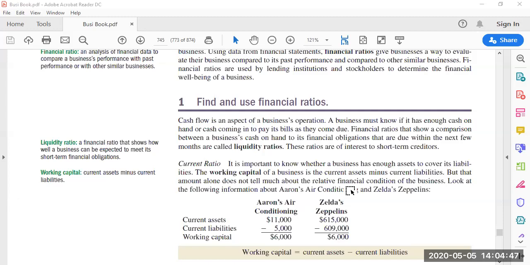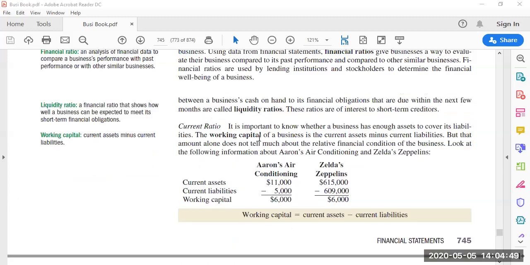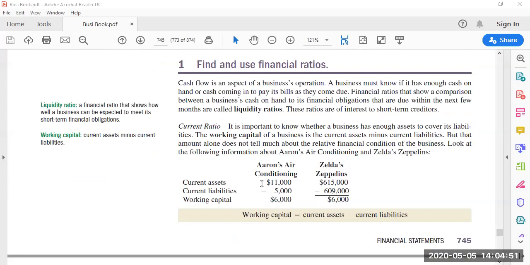Now, in this case here, we have an example with Aaron's Air Conditioning Company and Zelda Zeppelins. What we're looking at is two different companies: current assets, current liabilities, and working capital. One has only $11,000 in current assets and $5,000 in current liabilities.